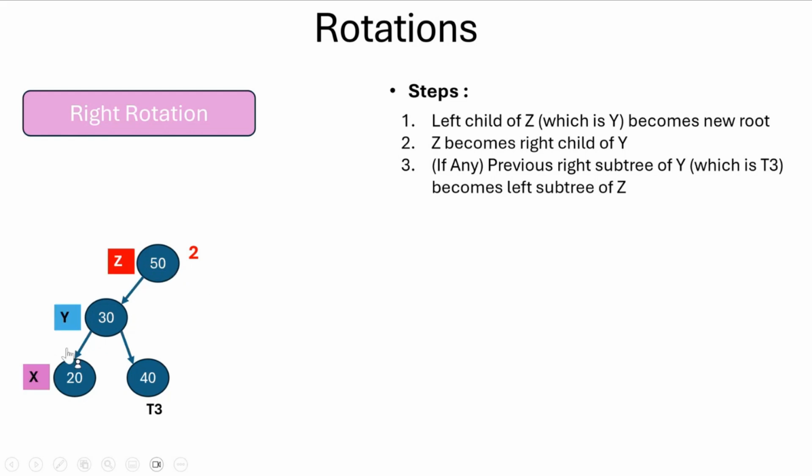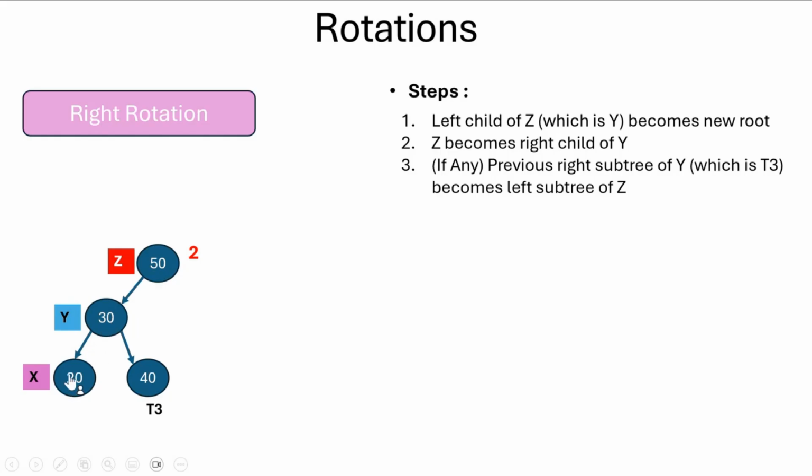It means it is left imbalance, left heavy. So Y is the left child of Z. But for Y, the balance is greater than or equal to 0. It is 0 actually, right? 1 minus 1, 0. That's why we'll take X as the left child of Y. So it is a left-left case.